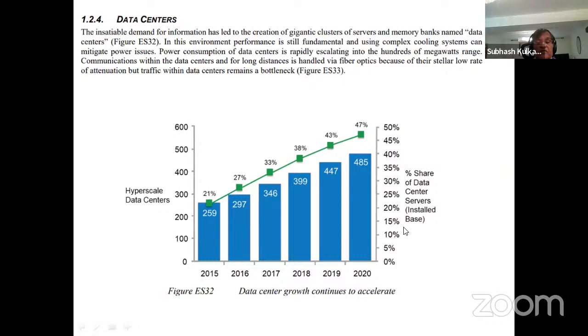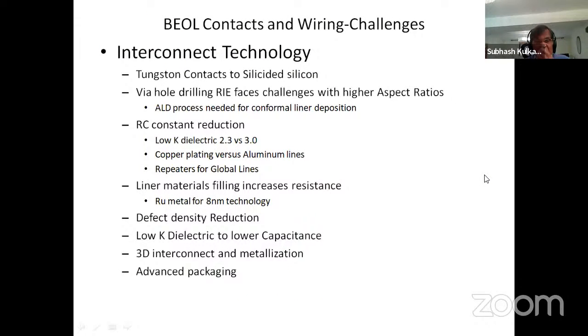So in 5 years, as you can see, there's a huge growth in terms of server demand, in terms of server percentages in the world. And it's been going up and up. So beyond 2020, I'm sure this will be exploding. That's where all your chips are going.